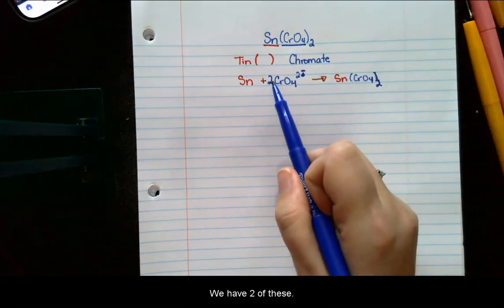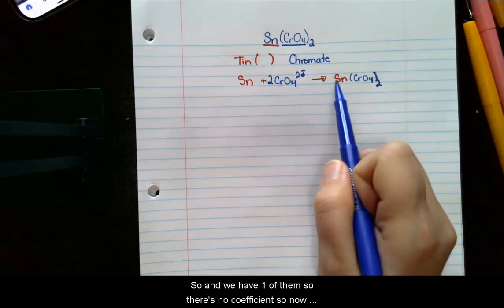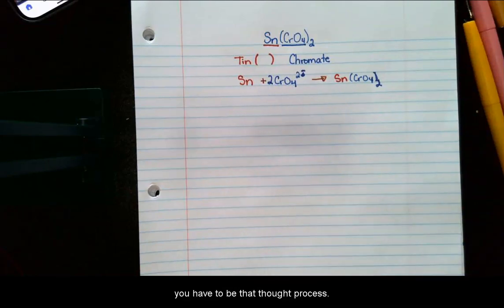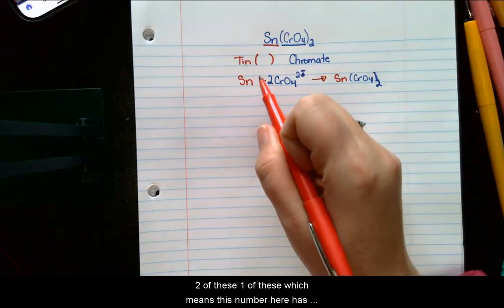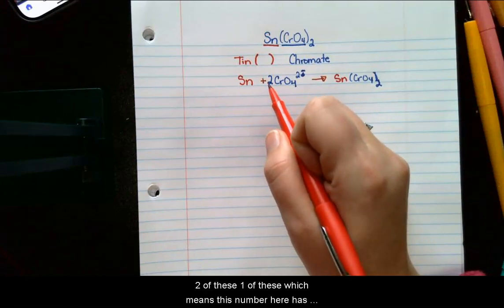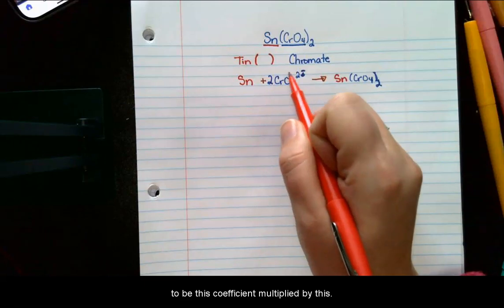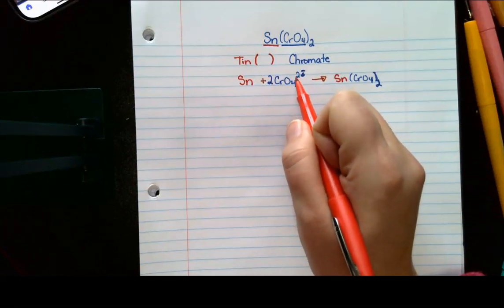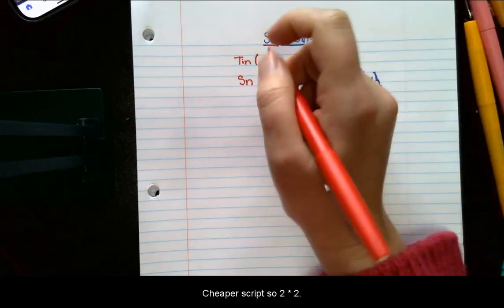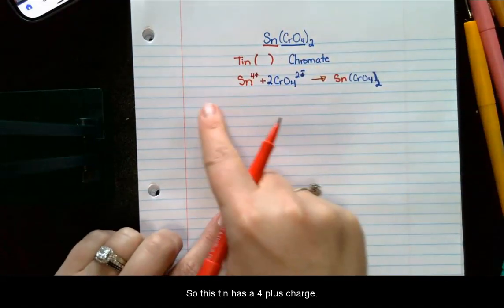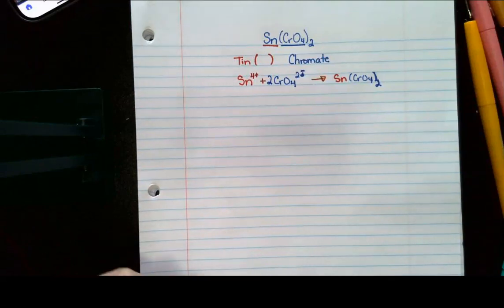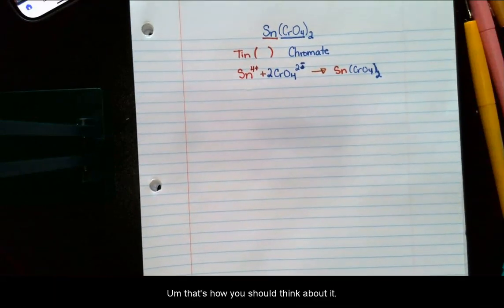So we have 2 of these and 1 of these, which means this number here has to be this coefficient multiplied by this superscript. So 2 times 2 is 4 plus. So this tin has a 4 plus charge. That's how you should think about it.